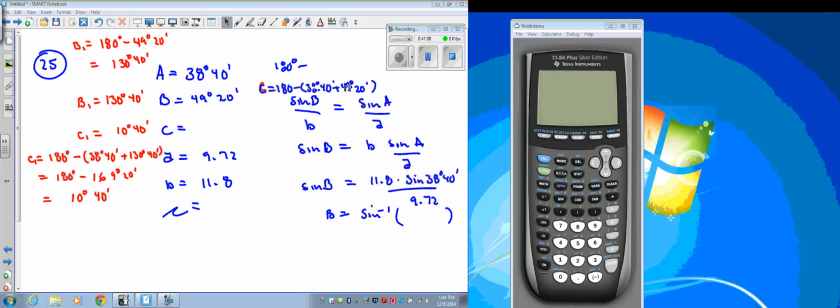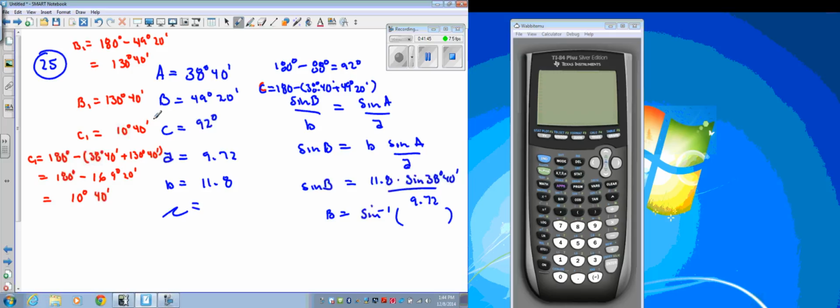This would go to 92. So the two triangles have a common 38 40. This one would be a 38, a 49 20, and a 92. The other one would be a 38, 130 degrees 40, and 10 40.